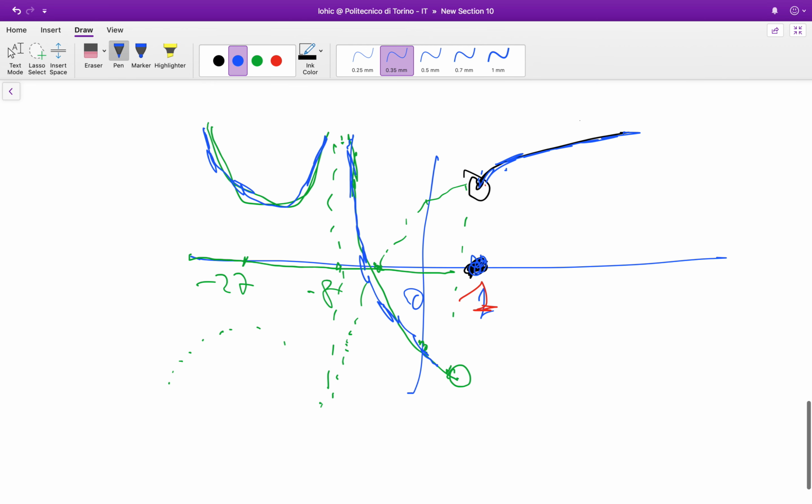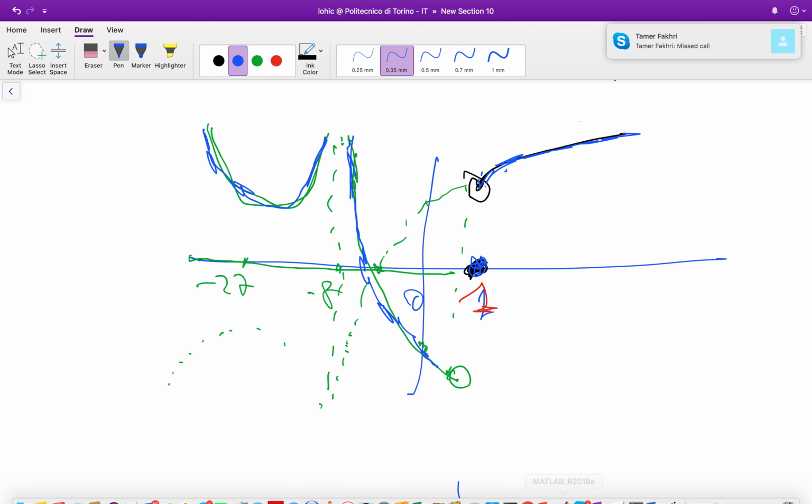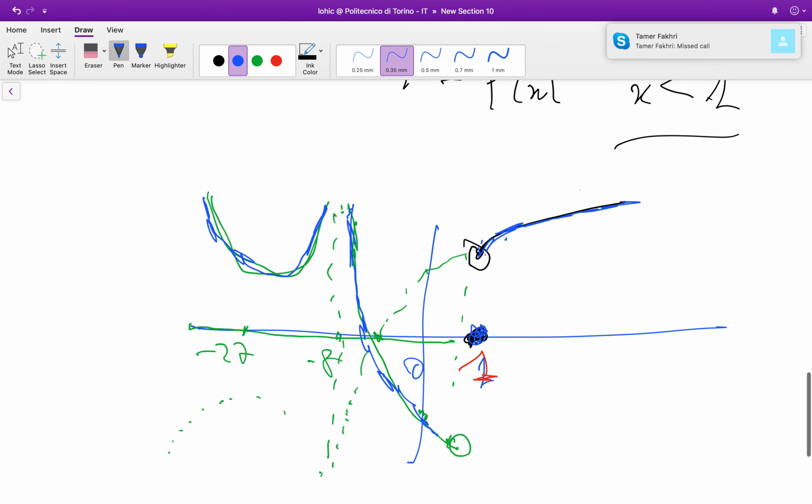Exactly, this is exactly the graph that we need for g of x.